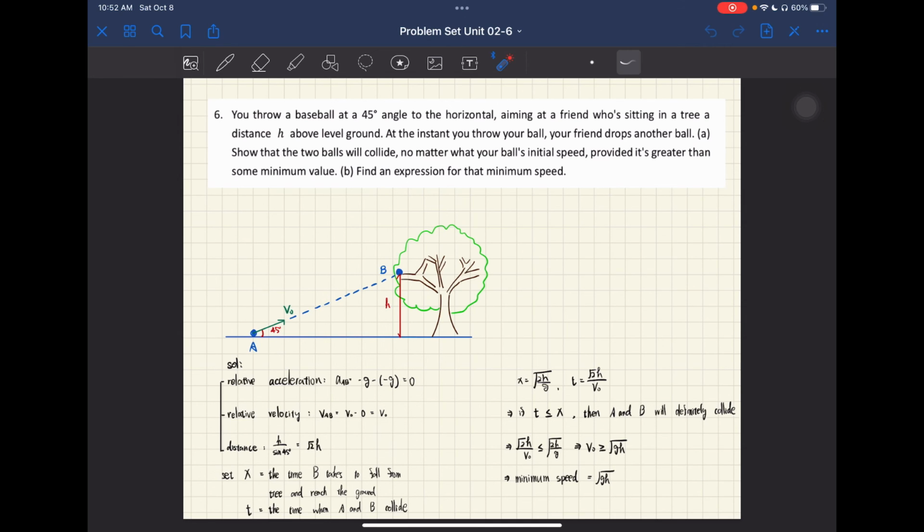And we can derive another inequality: v0 is bigger than or equal to the square root of g times h. So we find the minimum speed is the square root of g times h. If the bow's initial speed is bigger than or equal to this, bow A and bow B will definitely collide.